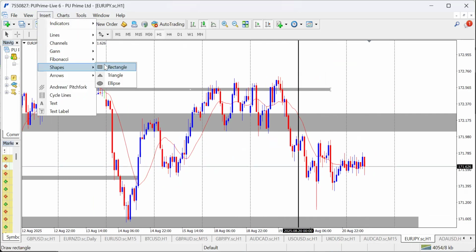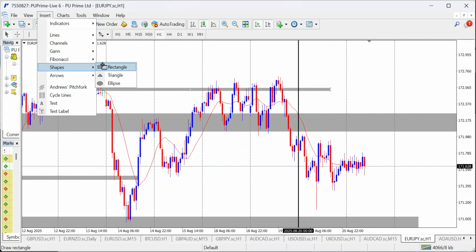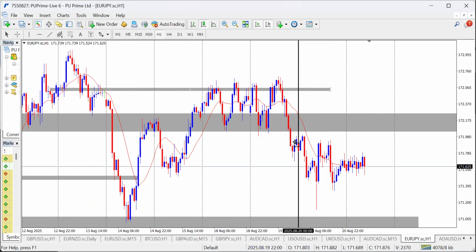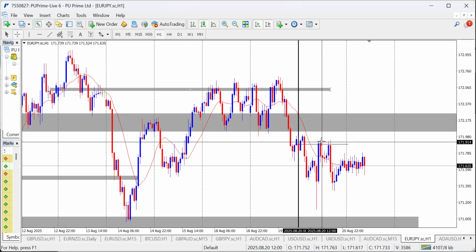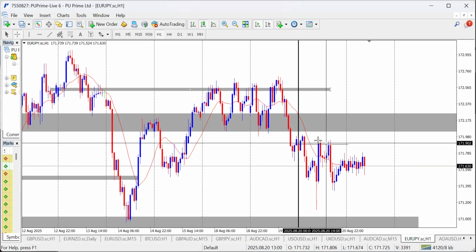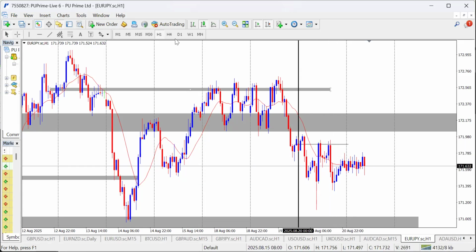So this resistance level is 171.890. That area is the area I'm looking out for sellers. That is where the sellers started yesterday.